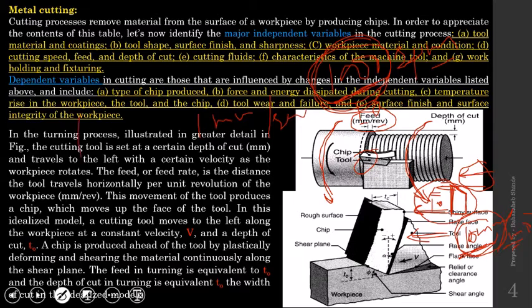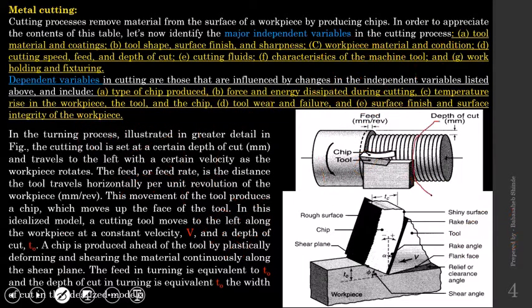So the numerator is 10 millimeter per minute, and if I divide it by 1000 revolutions per minute, this minute will get cancelled and you will get the unit mm per revolution. Okay, so feed rate is nothing but, for one rotation of the workpiece, by what amount the cutting tool has moved. That ratio is nothing but the feed rate, millimeters per revolution.